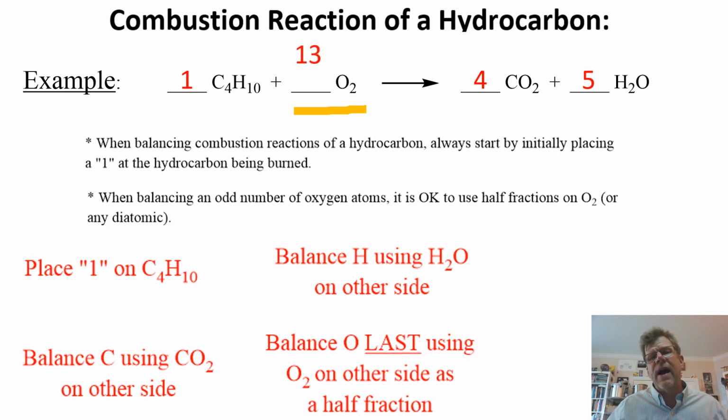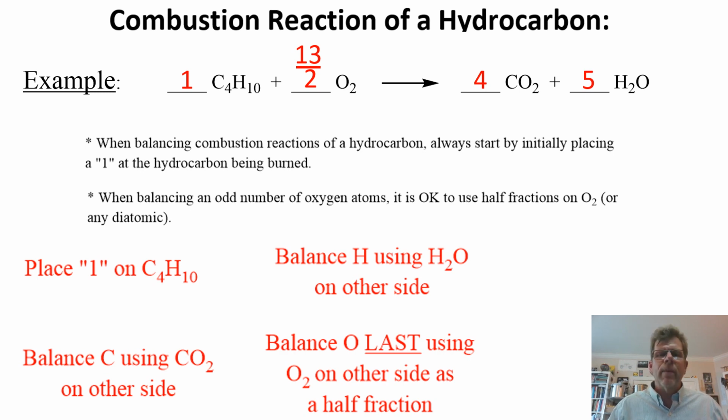I put it a little high because if I take 13 over 2 times O2, that's 13, because that 2 on O2 cancels out that half, so that's 13 oxygen atoms. 13 halves O2 is 13 oxygen atoms. Frequently, we can do that, and this is complete as written right now. It is completely fine.